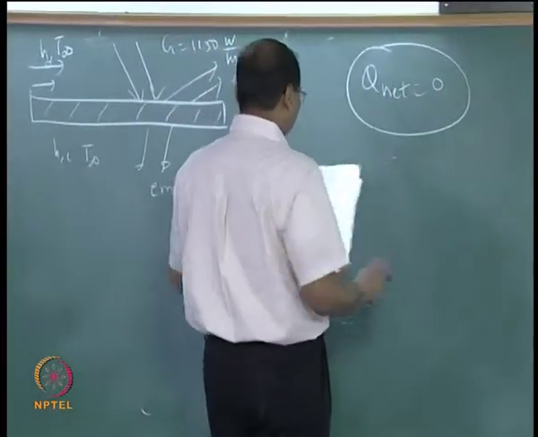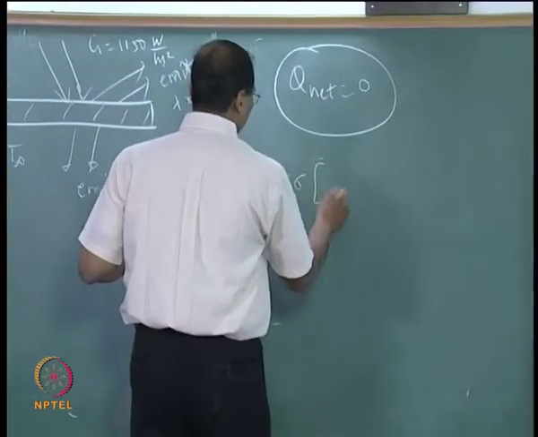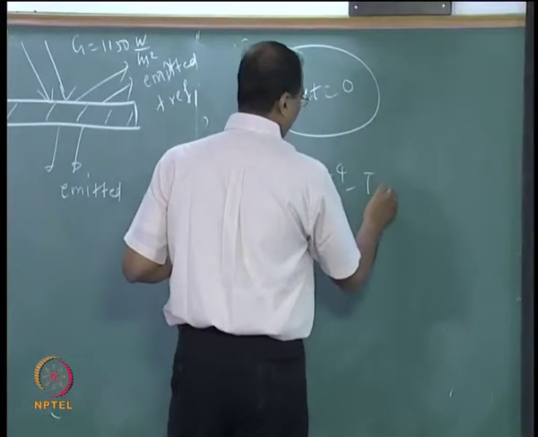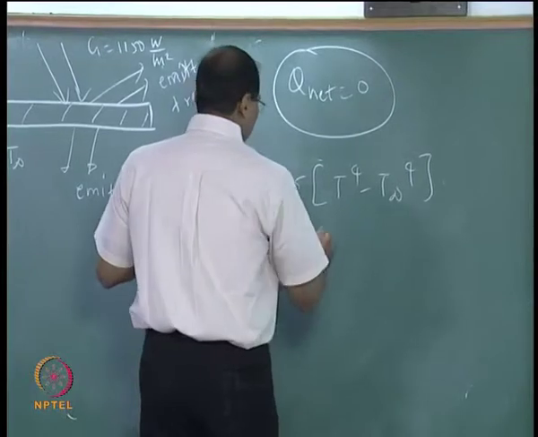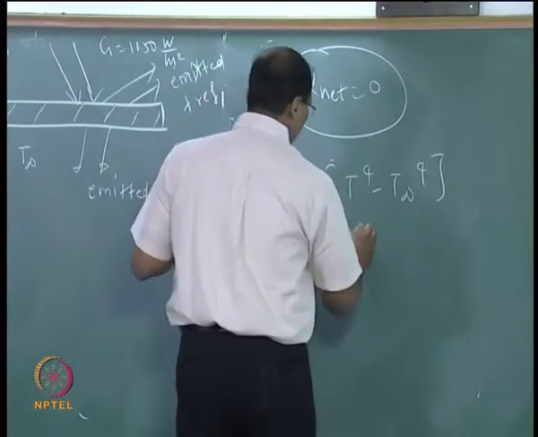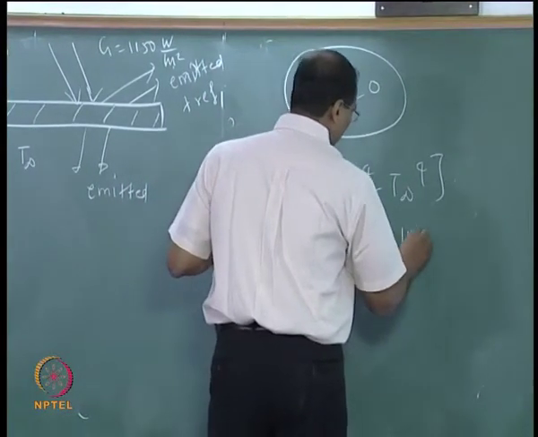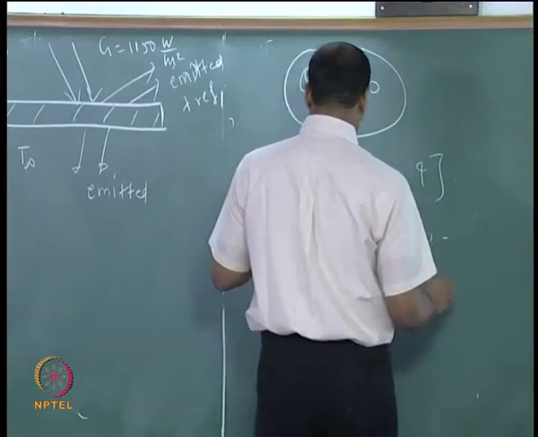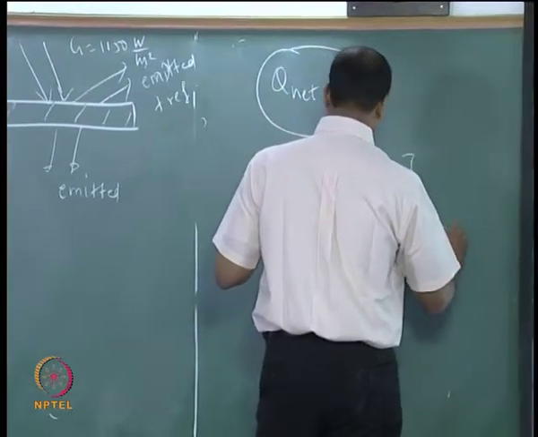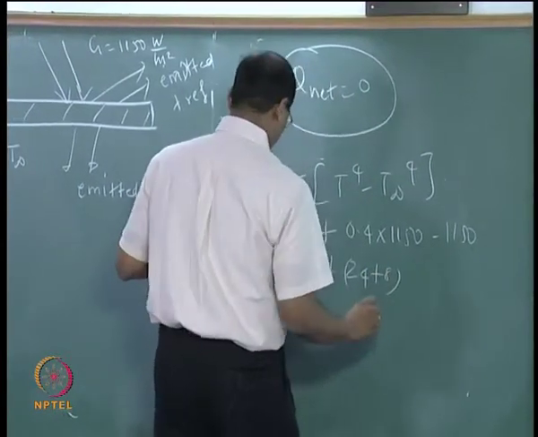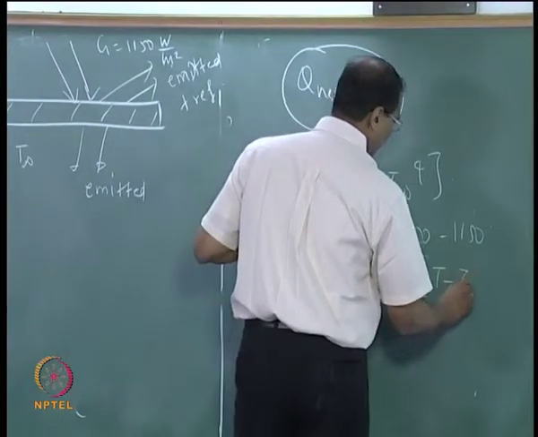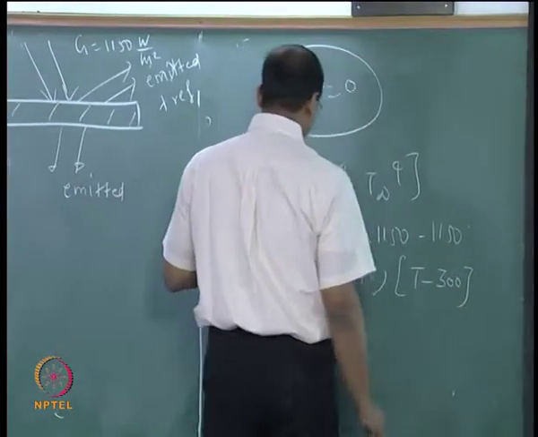So basically 2 epsilon sigma ... plus ... Did I give 300 or 303?